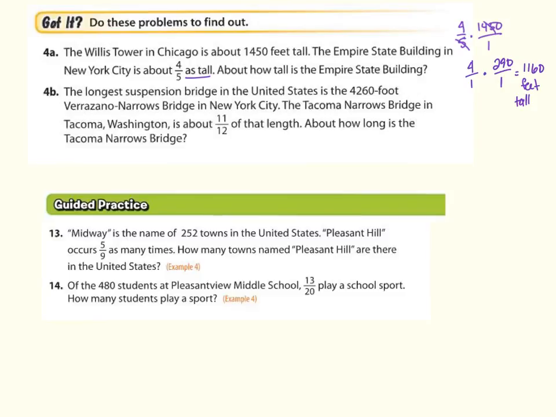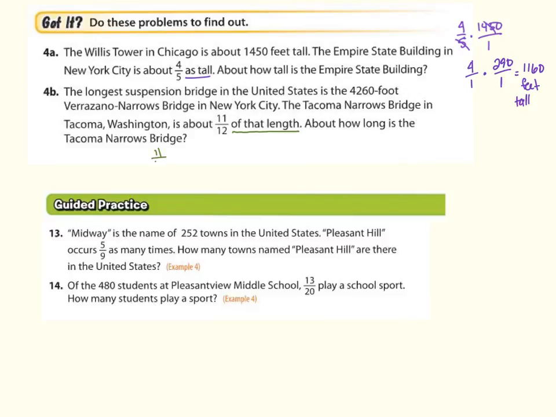4B, the longest suspension bridge in the United States is 4,260 feet, that bridge in New York City. The Tacoma Narrows Bridge in Tacoma, Washington is about 11/12 of that. Notice that they changed it to "of" now. "Of" is the biggest key word that we know in mathematics that means to multiply. So remember that. How long is the Tacoma? Let's multiply.